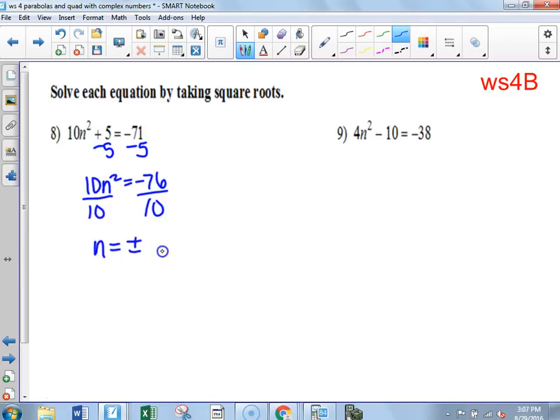Don't forget, I'm skipping steps left and right. n squared equals, okay. This doesn't reduce, though. It does reduce by 2 to negative 38/5, yes? Okay. Now what?